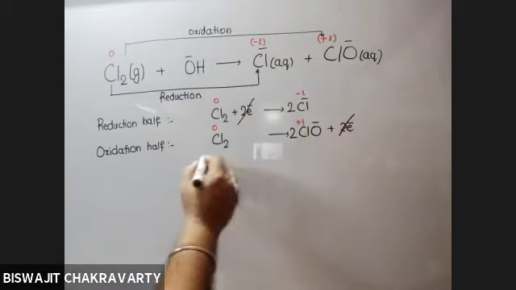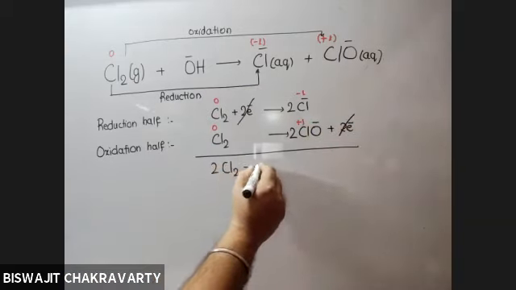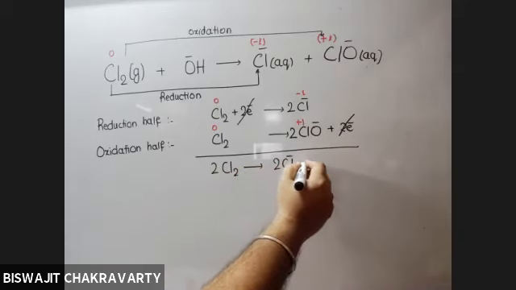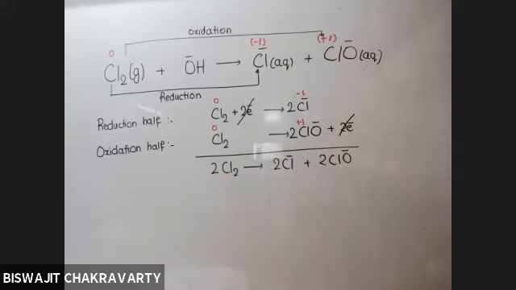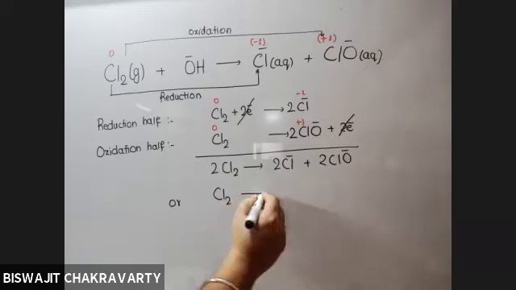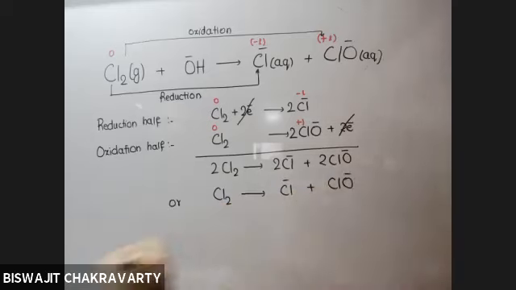So this will be Cl2 to 2Cl minus, and Cl2 to 2ClO minus, or simply Cl2, Cl minus, ClO minus.